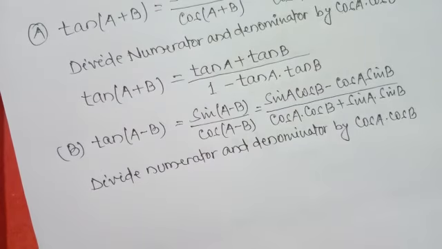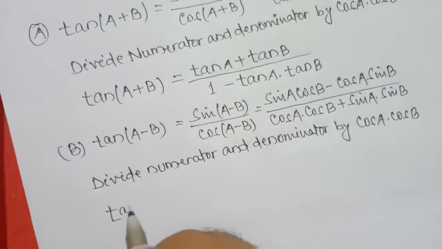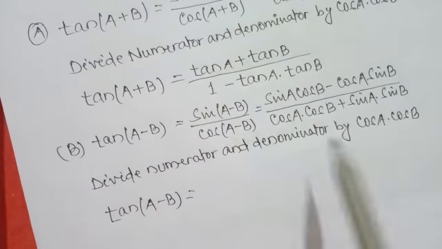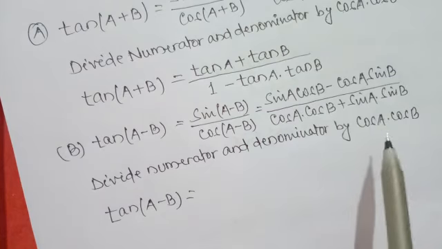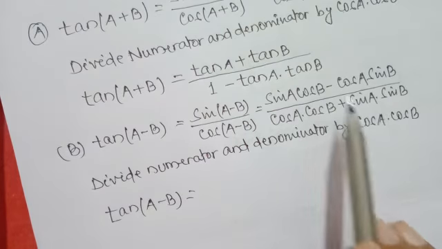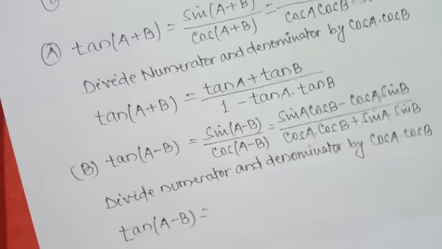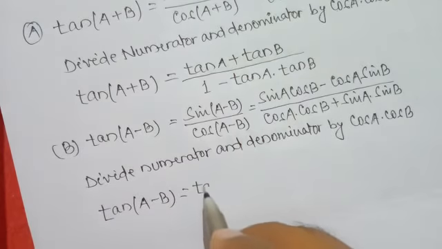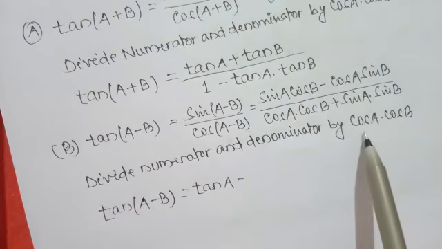See what happens. Tan(A − B) is now equal to, divide the first term, sin A cos B divided by cos A cos B. Cos B and cos B are cancelled. Sin A upon cos A, which becomes tan A. Similarly, in the second term, cos A and cos A are cancelled.